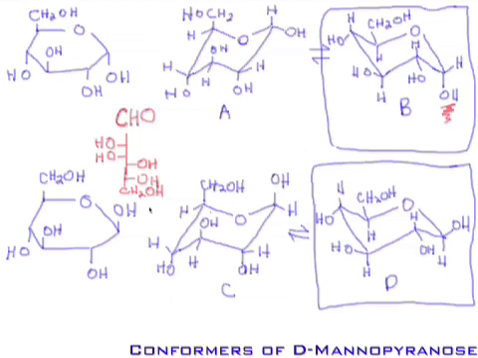Now when D-Mannose cyclizes, this OH right here will be required to make a 6-carbon ring. That is, this is carbon 1, that's carbon 2, carbon 3, carbon 4, carbon 5. Now 5 carbons and 1 oxygen create a 6-membered pyranose ring, so this oxygen will cyclize. So I can redraw this, and I will attempt to do that in the limited amount of space I have here.